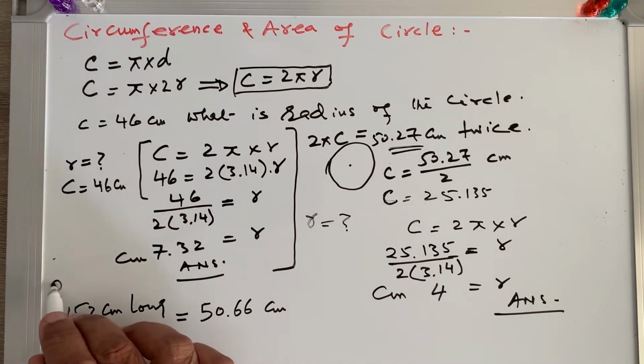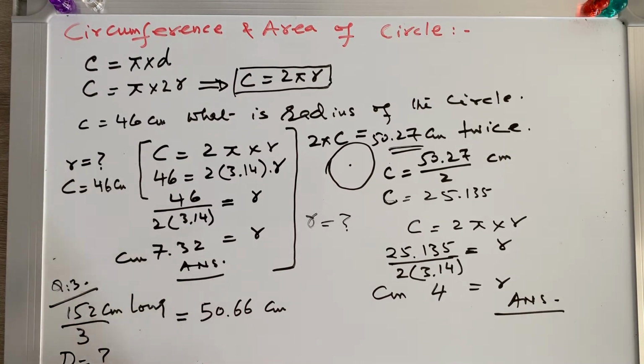This is my question number 3, right? So my circumference is now known, diameter is unknown. What is circumference in terms of diameter? Pi times d, right? D for diameter. So d is unknown.